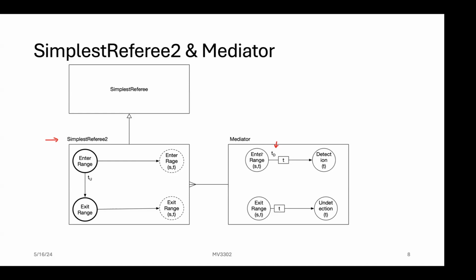We could have the sensor just listen to this. But, peeking down the line a little bit, we want other objects to be potentially listening to these detection events, because we don't want the sensor to be doing too much.